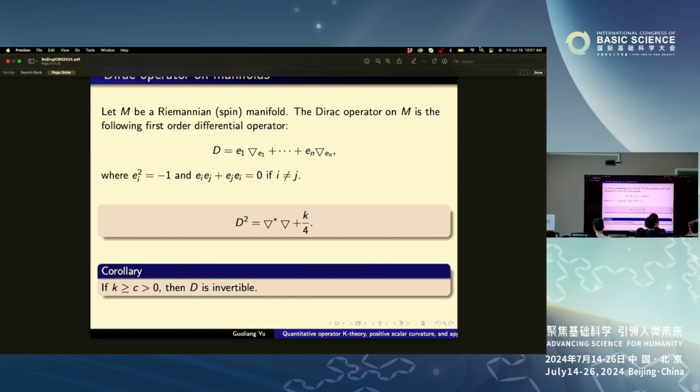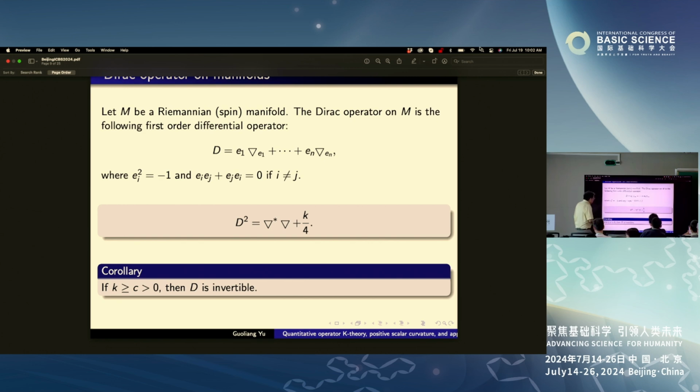Now, if we sit down and do a little bit of calculation, the nice thing is that it's a scalar curvature. So the reason curvature appears is not mysterious, but it's scalar curvature. That's something we have to sit down and compute.